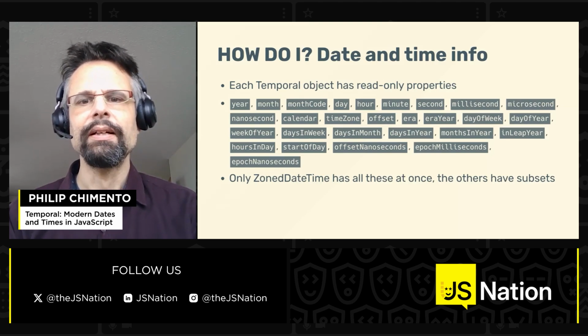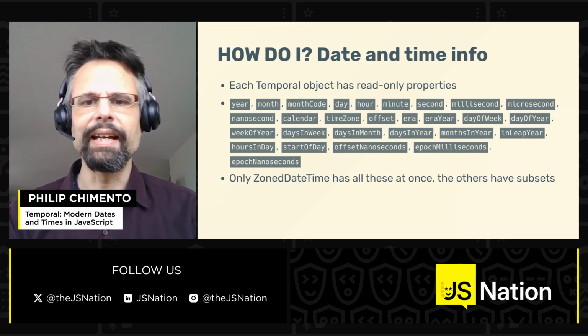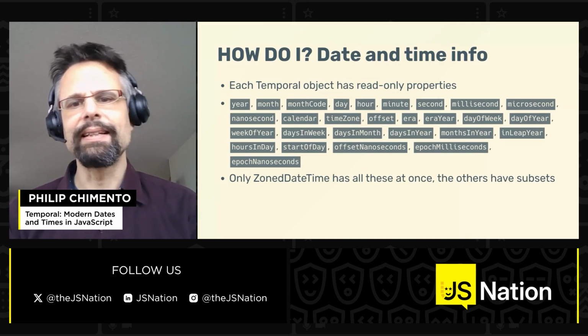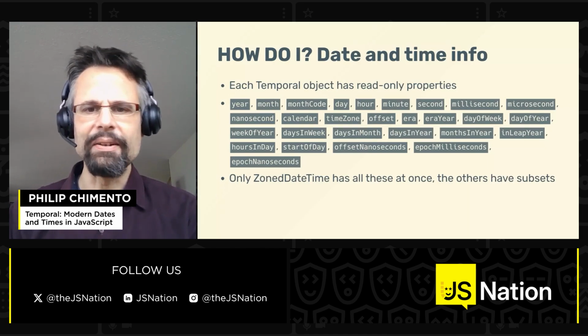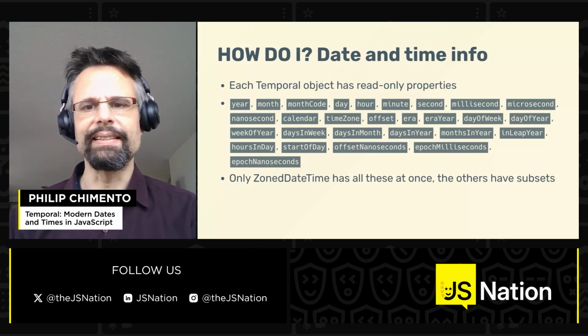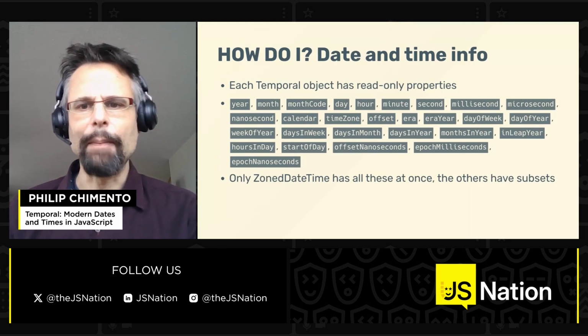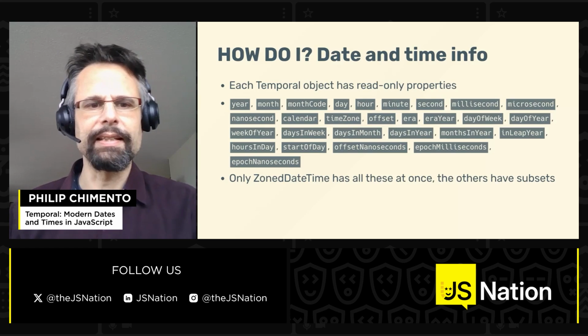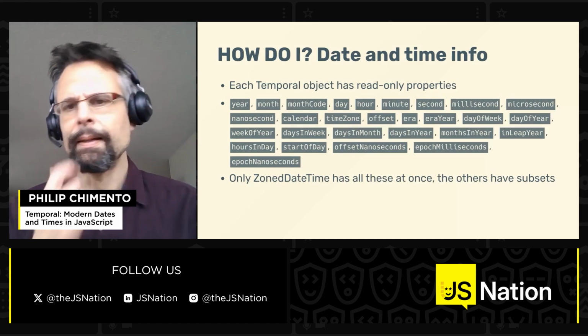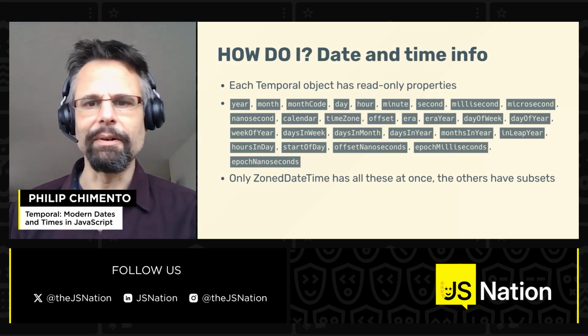So for example, year is only on types that have calendars and also not on plain month day. Offset only exists on zone date time, and the epoch nanoseconds and similar properties are only on the exact time types, instant and zone date time. So in our case, we need the epoch milliseconds property because that's the number of milliseconds since the Unix epoch of 1970, January 1st, midnight.